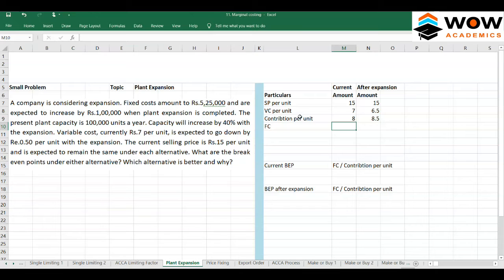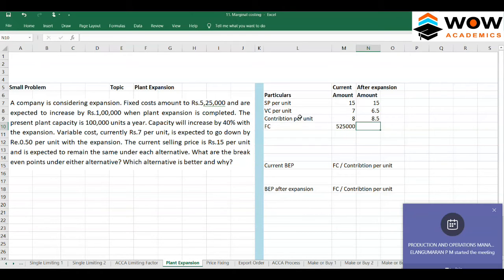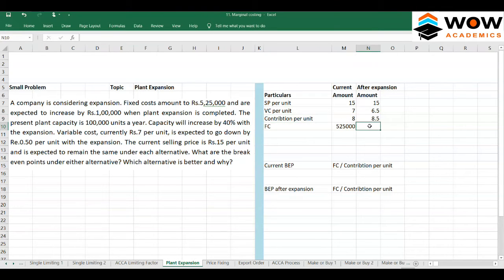Fixed cost is currently 5,25,000 and it will increase by 1 lakh, so it will become 6,25,000. So that's about the numbers. Now we can directly get the BEP. Currently it is 5,25,000 divided by the contribution per unit of 8.